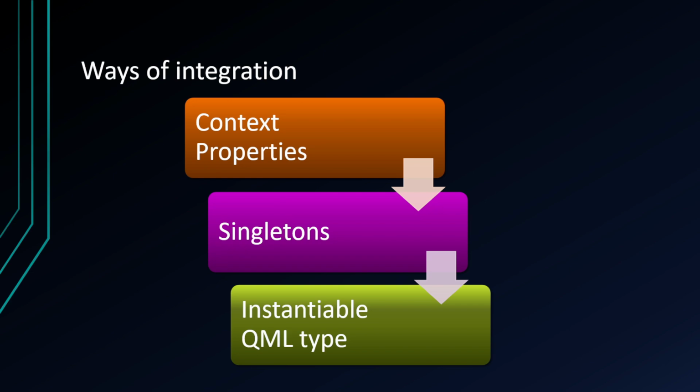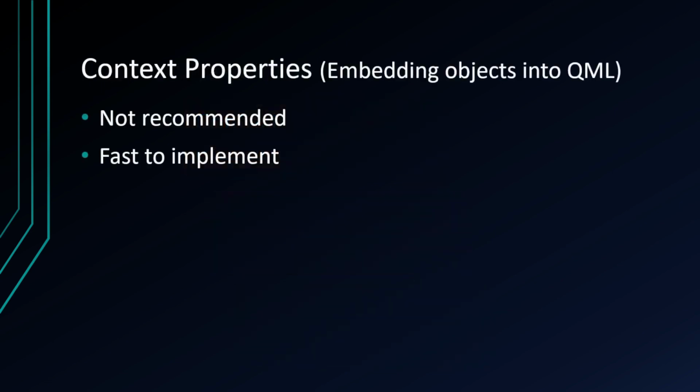Now it is time to integrate our C++ class with the QML UI. You have about three ways of integrating. The most popular ones are context properties, singletons, and instantiable QML types. I will show you all of them, and let's start with the context properties, also frequently called embedding objects into QML.